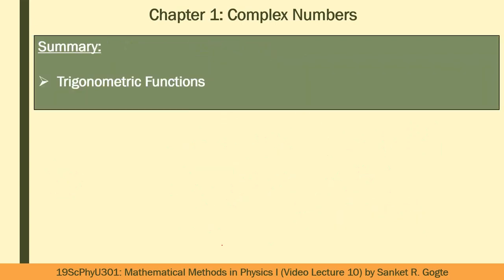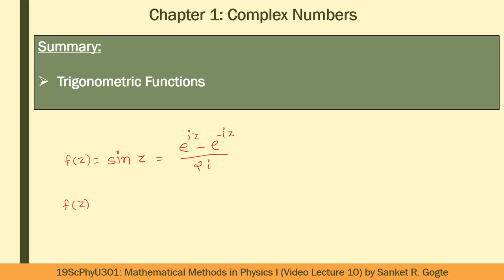Let's summarize what we have done in this lecture. We defined trigonometric functions of complex numbers. So f of z, which is sine z, is defined as e to the power iz minus e to the power minus iz divided by 2. To get this definition, we use the Euler's formula.